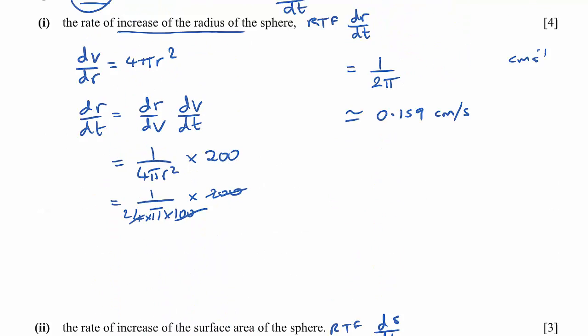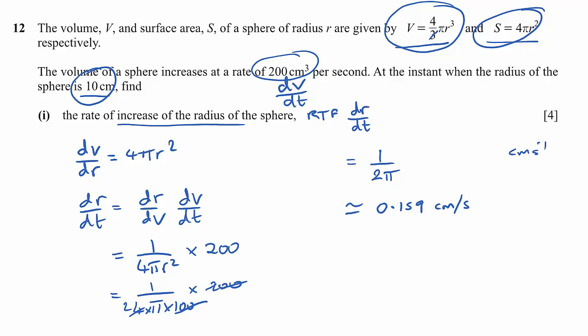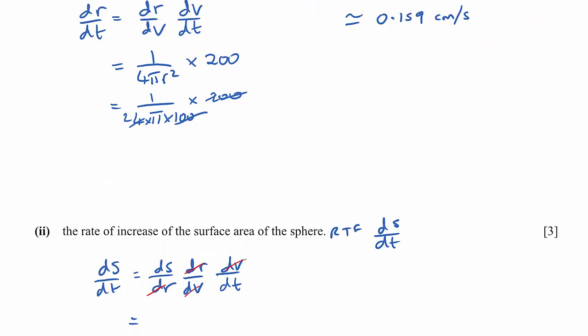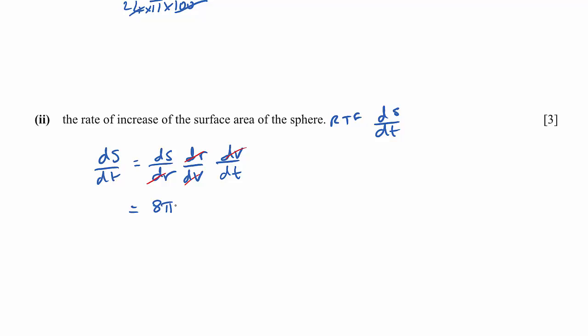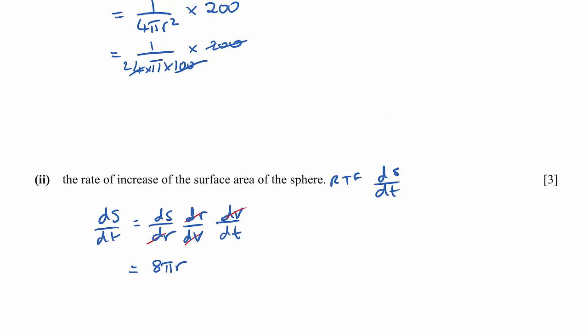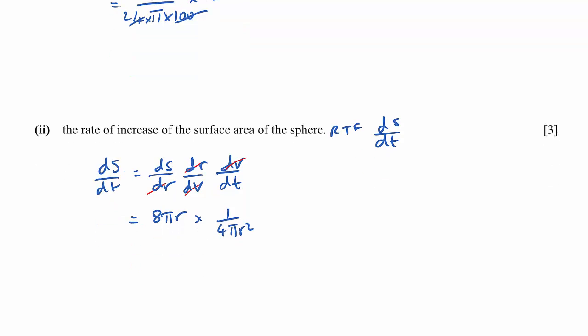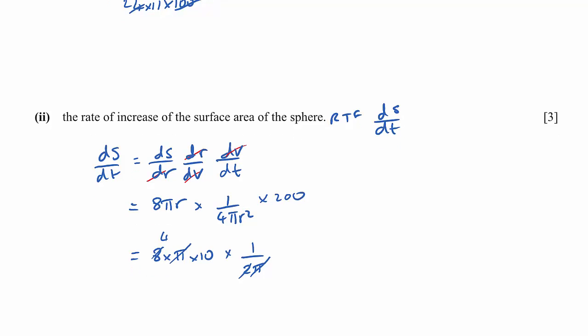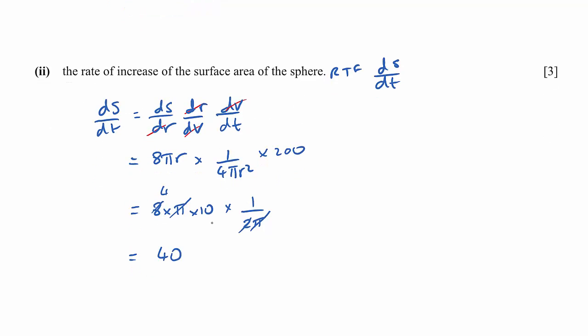So dS/dr, so differentiate that, would give us 8 pi r. dr/dV, we've had that, 1 over 4 pi r squared, and dV/dt is 200, and that's 8 times pi times 10, and we'd already worked out that this one is 1 over 2 pi. So we can have a pi cancelling there, that going there, and that leaves us with 40 centimeters squared per second.